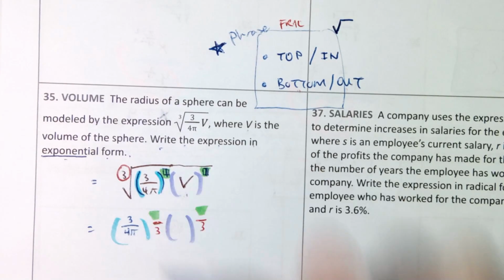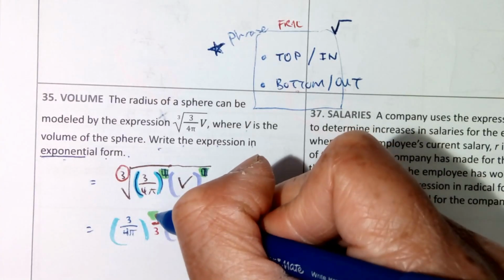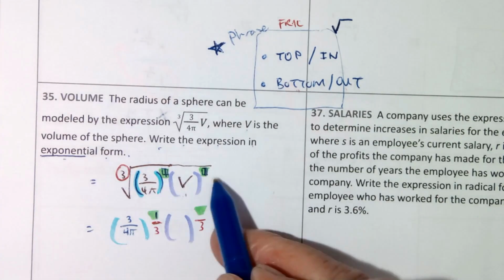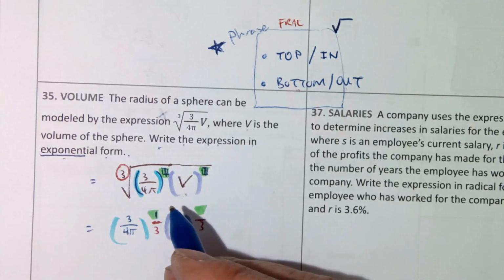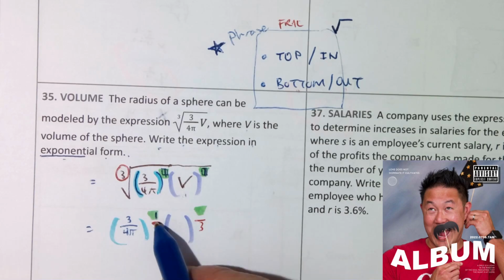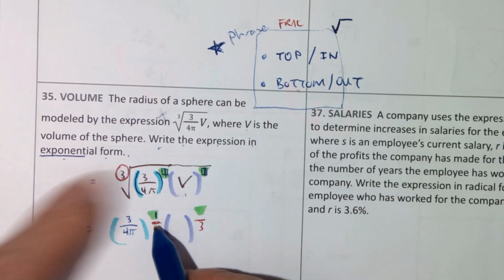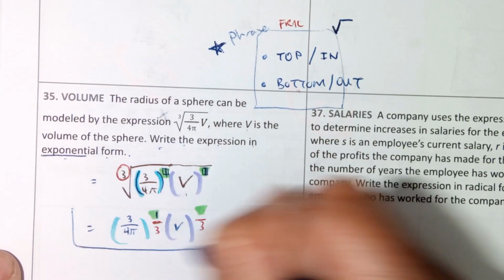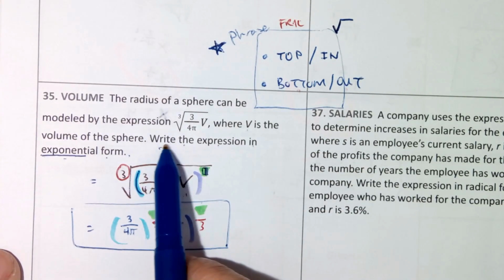You don't have to touch it. That was our 1. Remember, from the inside goes to the top, and then our v, oh, that's the number there.